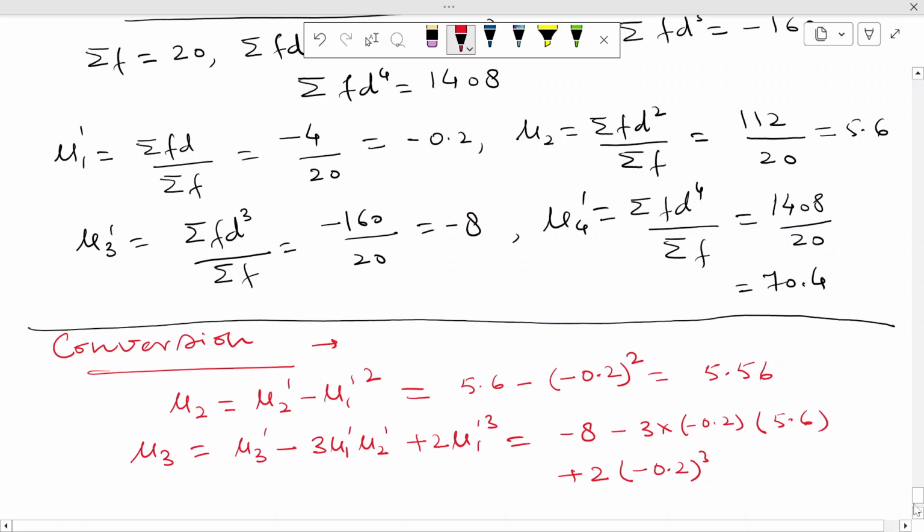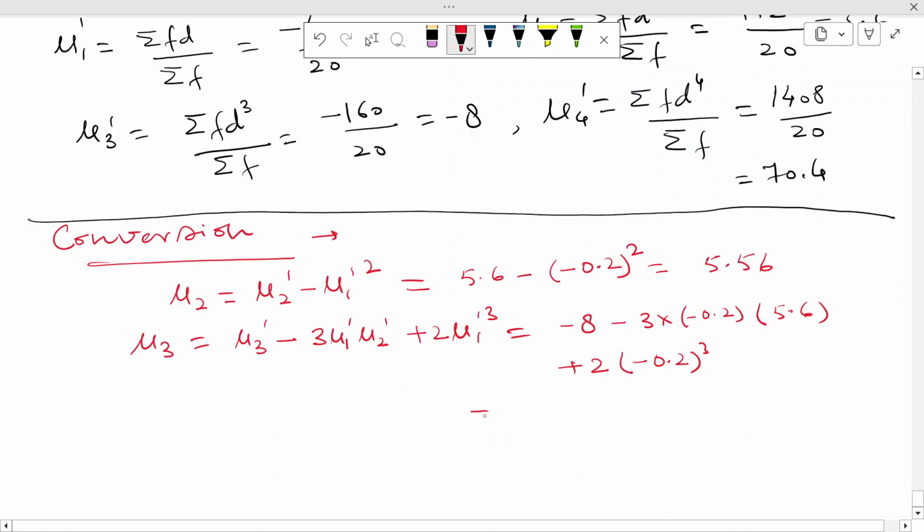So our third moment is coming out as minus 4.65.